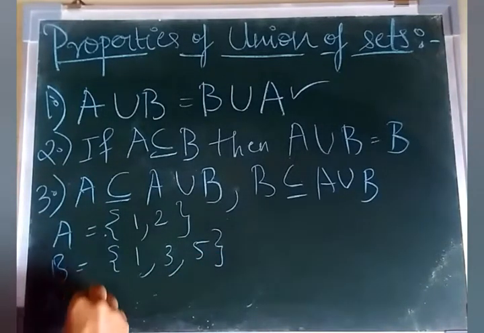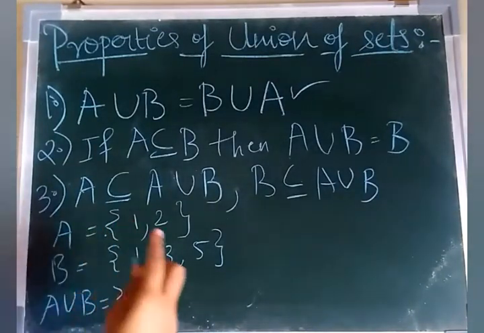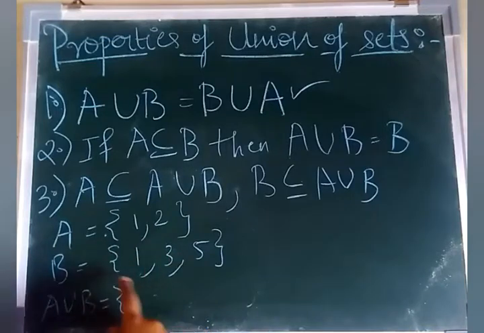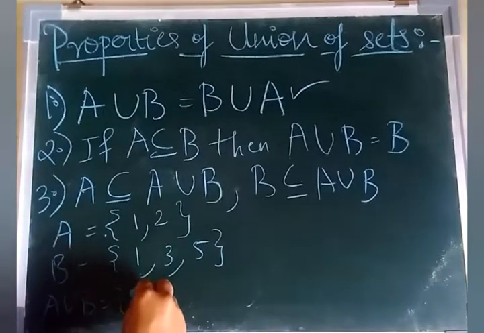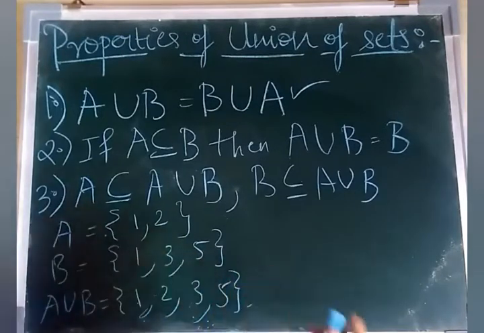Then A union B will contain all elements in A and all elements in B also. So {1, 2, 3, 5}.